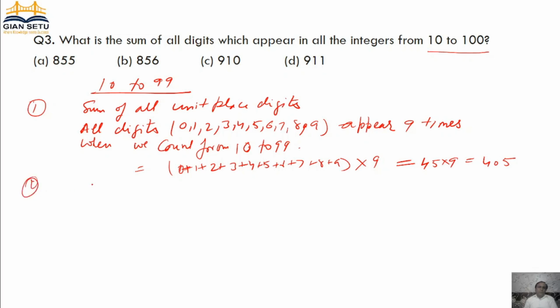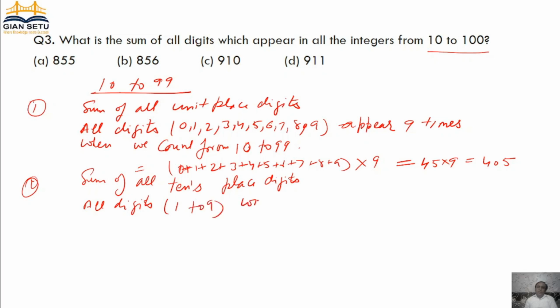Now sum of all tens place digits. Now all digits, that is 1 to 9, will appear 10 times, right, from 10 to 99.